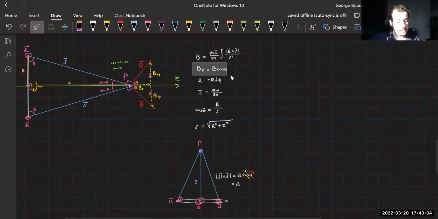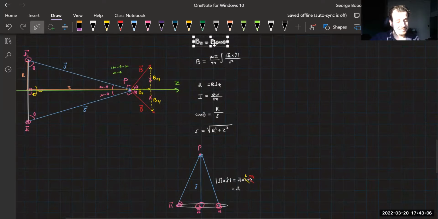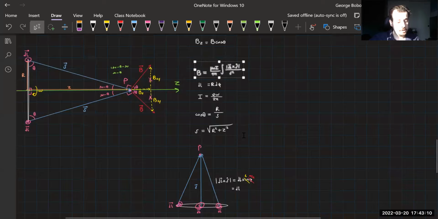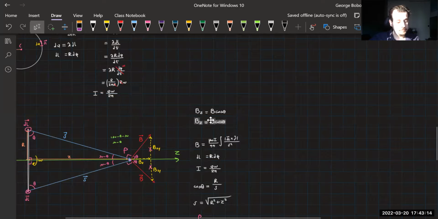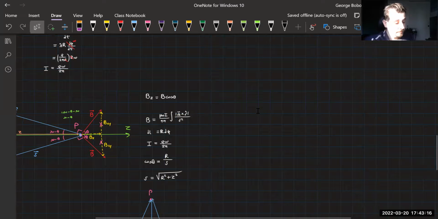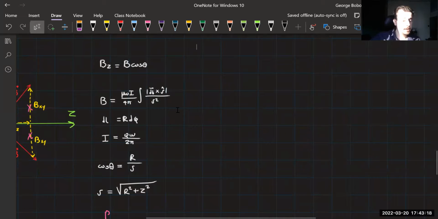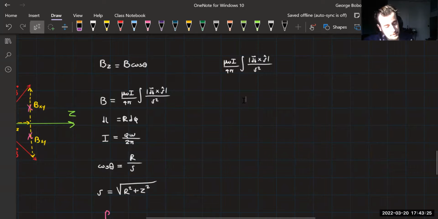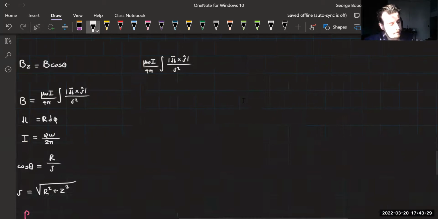So again, this is the guy that we're going to plug everything into, okay? Whatever you see here is going to go into that top equation from symmetry. So let's start. B, you said, is going to be this integral from the Biot-Savart law, and we're going to multiply it by cos theta. That's exactly what we're going to be doing right now.